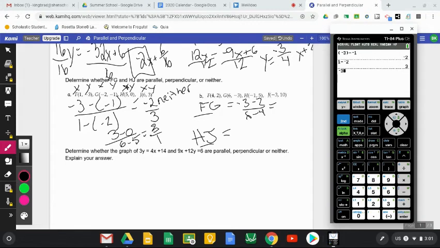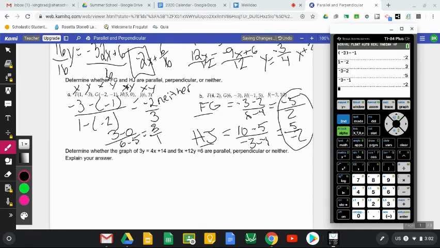So you should have got for this one -5 over 2, and 10 minus 5 over -1... what is that? 5 over -2. Those are your two slopes. Are these parallel, perpendicular, or neither? You should have told me they're parallel. Why? -5 over 2 or 5 over -2 is the same exact slope.